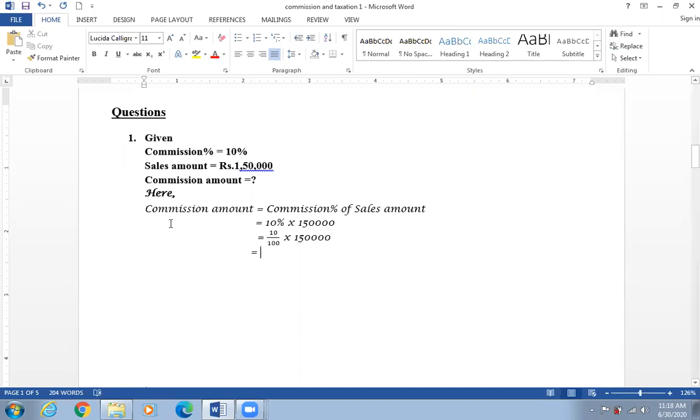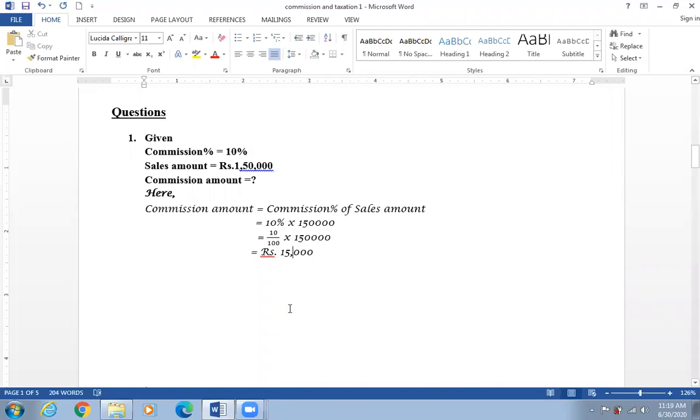So what will happen? The 0 and 0 will be cancelled. Two zeros and two zeros will be cancelled. Otherwise, you can cancel one 0 here, one 0 here, one 0 here, one 0 here. So what is the amount? The answer is going to be 15,000.